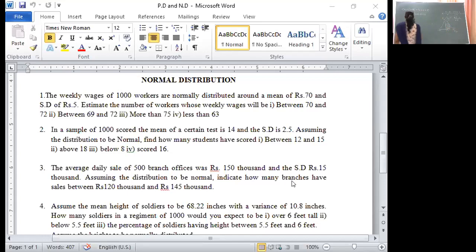So, probability of z lying between 0 and 1, this entire portion I am taking, minus the probability of z between 0 and 0.6.